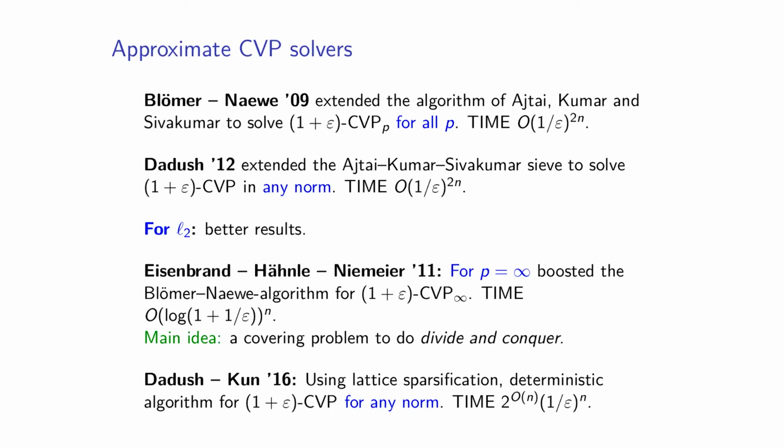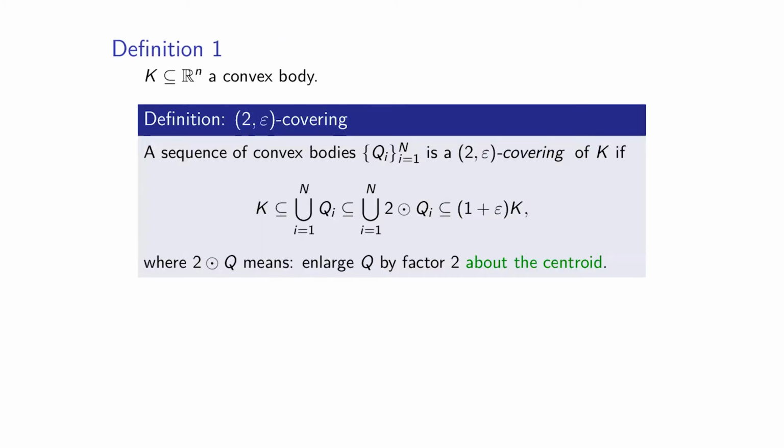So they managed to get that 1/epsilon to the 2n, the 2n exponent, down to n, and note also that the dependence on n is still 2^O(n).